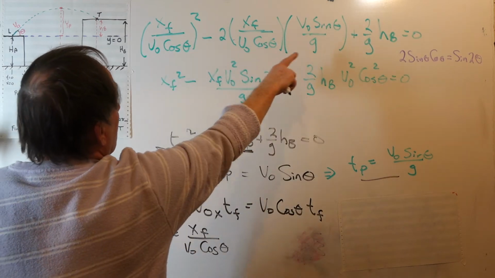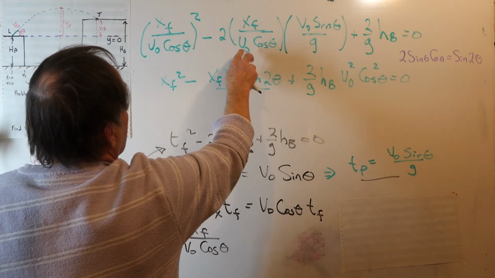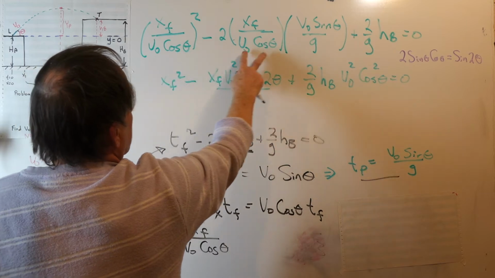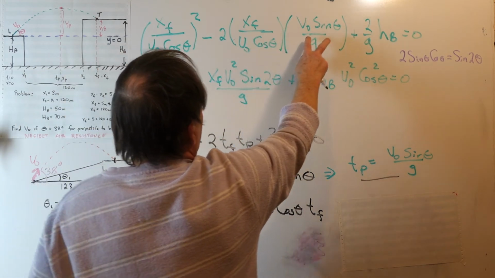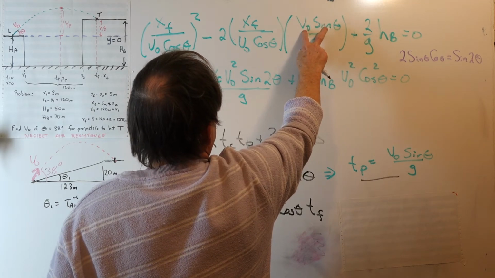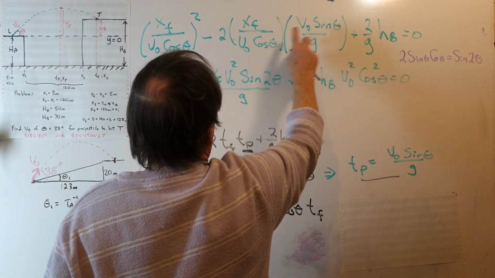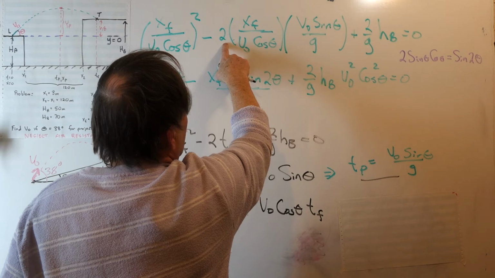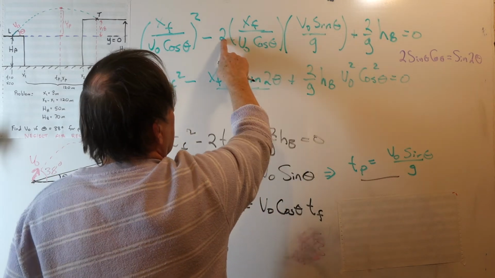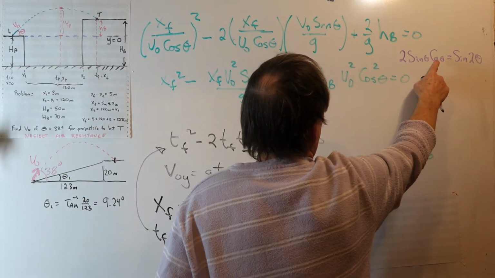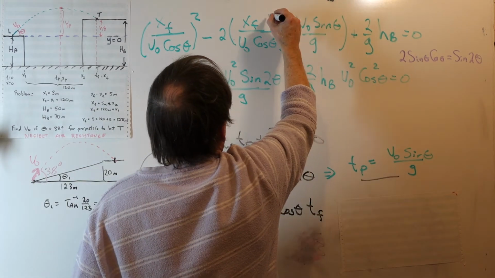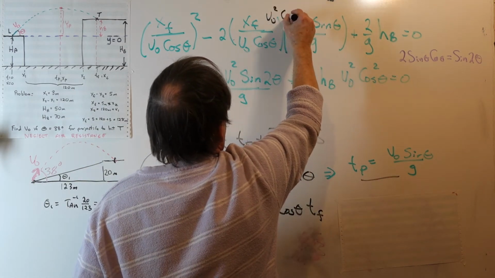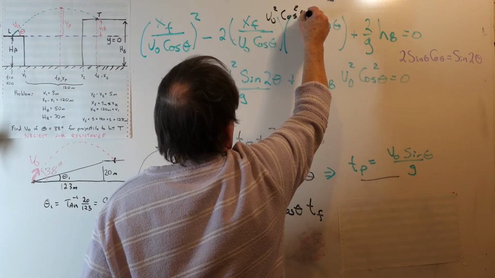so when we put this in here, one of the V0 cosine theta squareds cancels with this, and we end up with a V0 sine theta times V0 cosine theta with a 2. So make use of a trig identity. Twice sine theta cosine theta is sine 2 theta. So what we've done here is we're multiplying by V0 squared cosine squared theta.